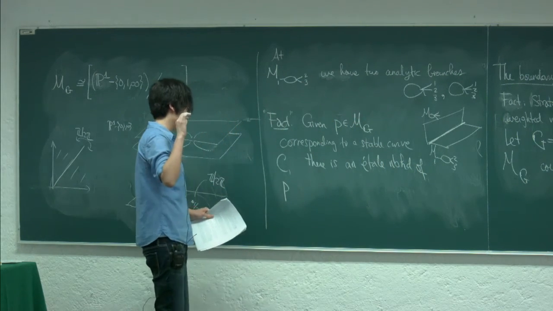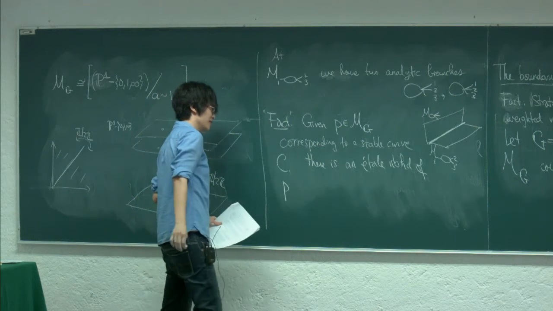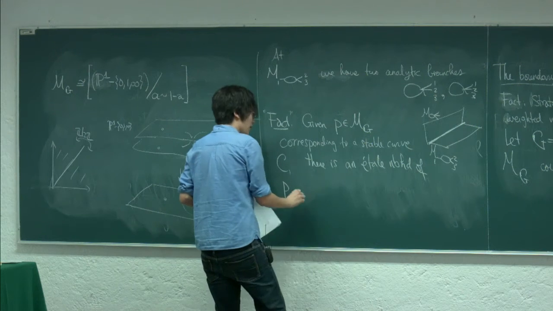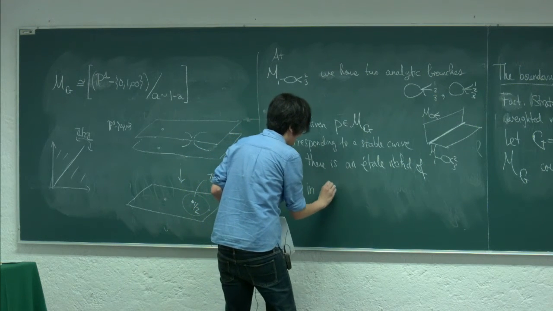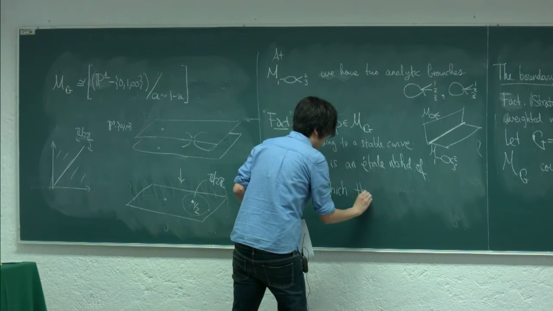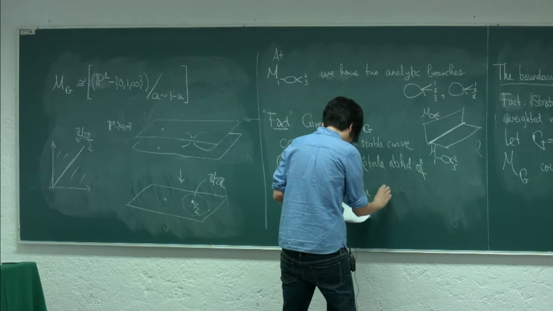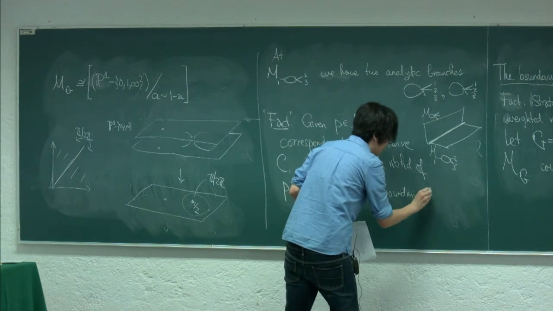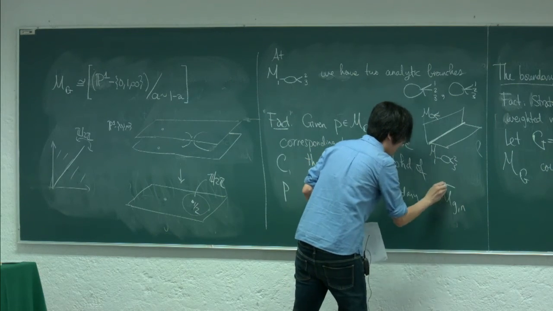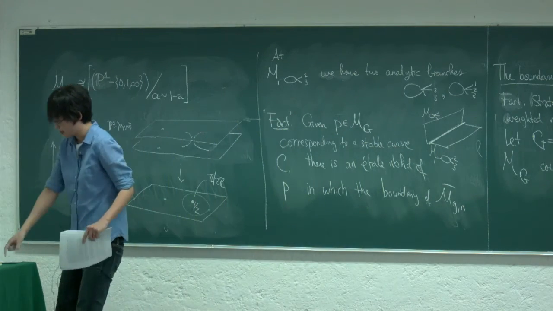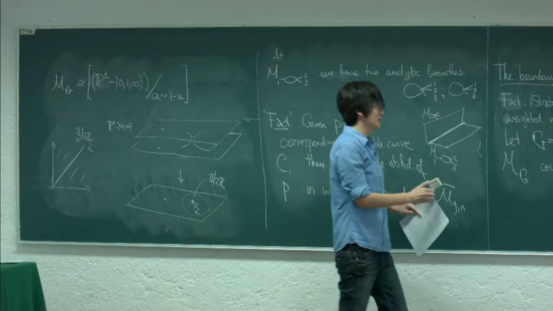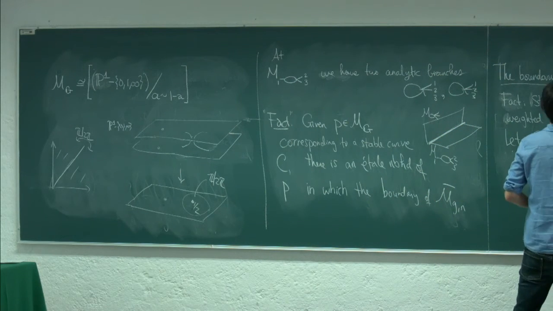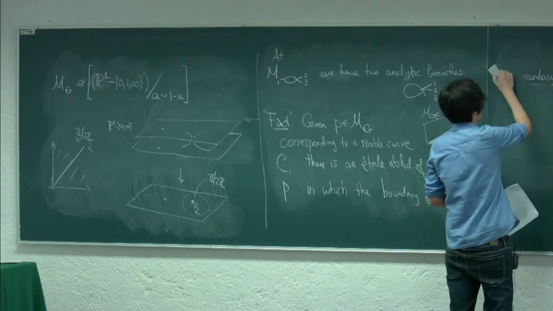So some étale map of schemes covering a neighborhood of P. So this neighborhood has the property that the boundary, the image of the boundary of M_{g,n} bar can be identified locally, étale or analytically locally, with n hyperplanes.